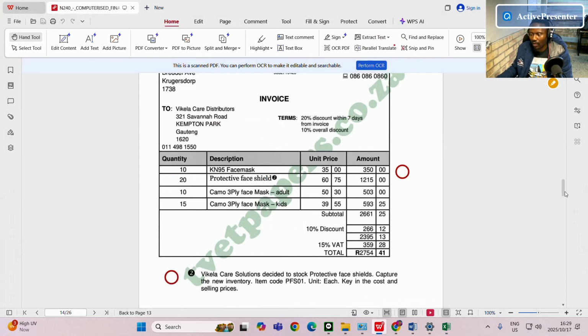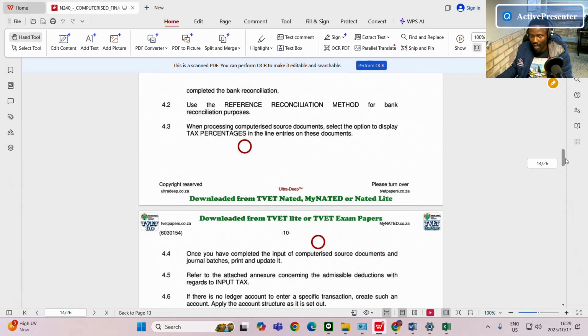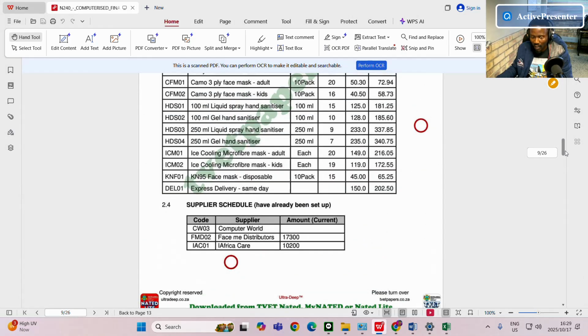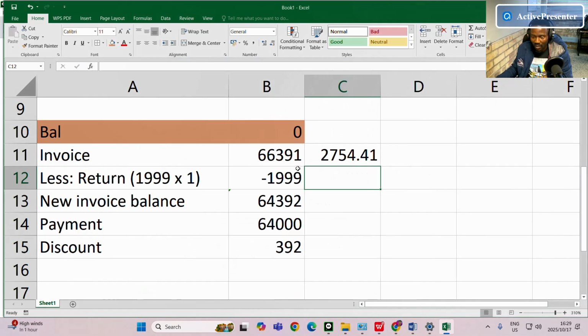Since it's a settlement of an account, I need to go check. Yes, I do have an opening balance, which is 17,300. So my opening balance is 17,300. So I told you guys I'm avoiding this.